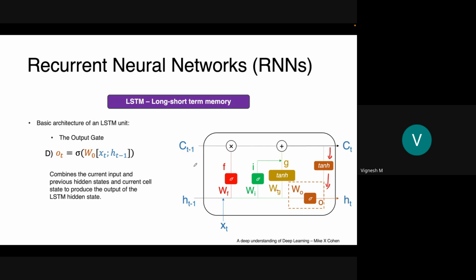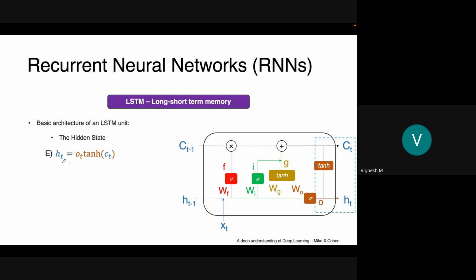So for instance, I'll just show you. The next hidden state is O of t times tanh of C of t, right? So this information is pushed through an activation like a tanh, and then it gets weighted by this O. When O is multiplied by tanh, it will switch off certain activations, it will switch on certain activations, and those combine to give you the next hidden state.